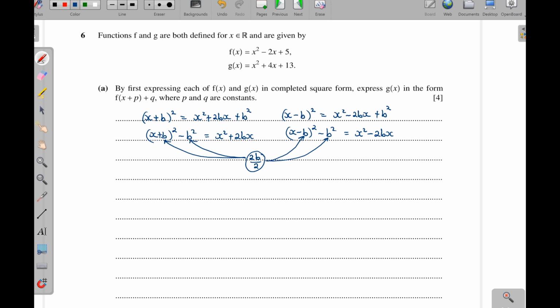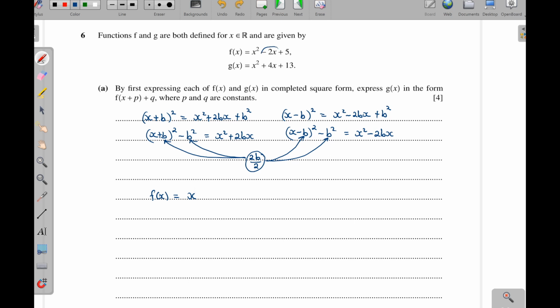You see? So you divide it by 2. So long as the coefficient of x squared is 1, then you get the coefficient of x, then you divide it by 2, then you put it together with the x in the brackets, and then you pop it out as a square. So let us look at now the f of x. F of x here will be x squared.